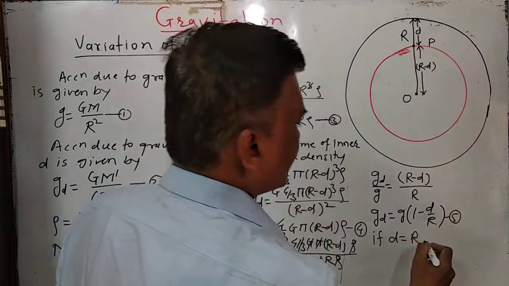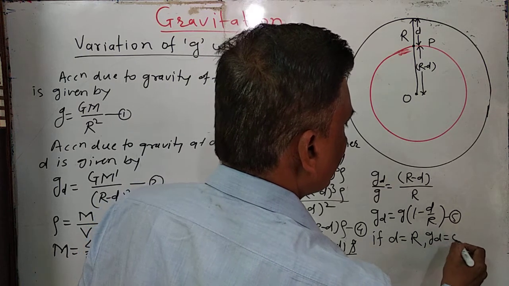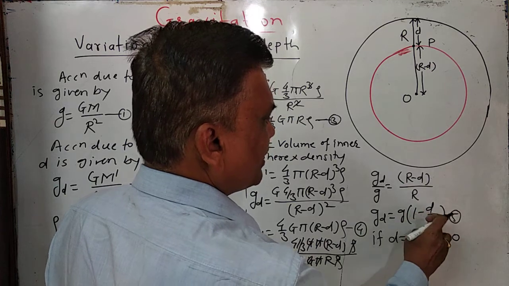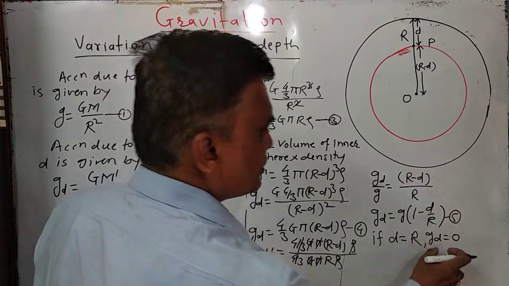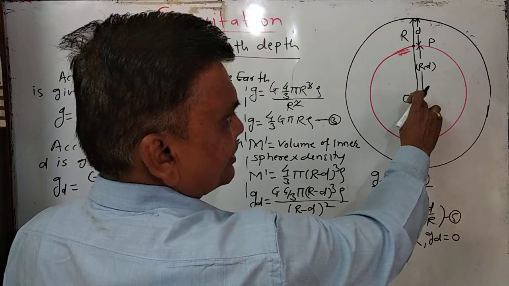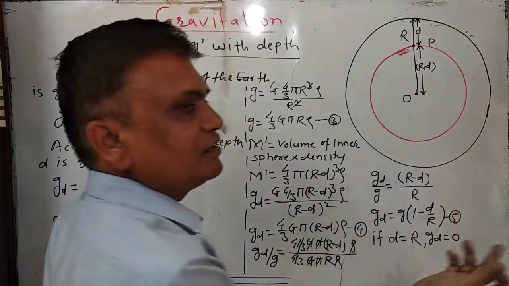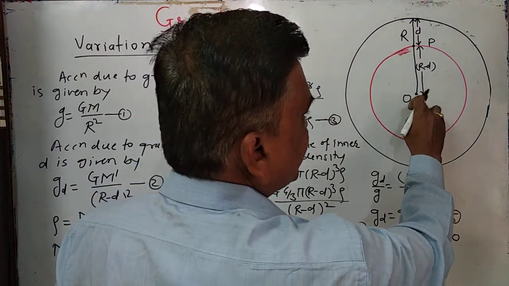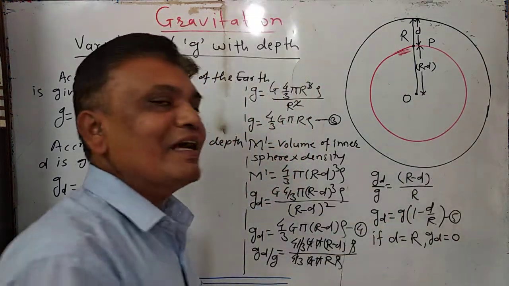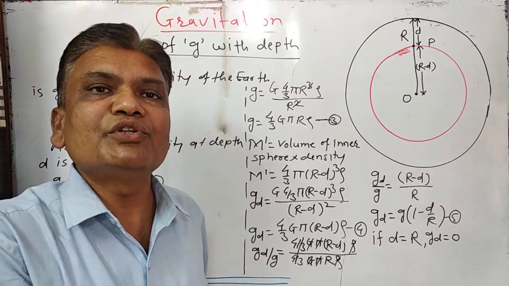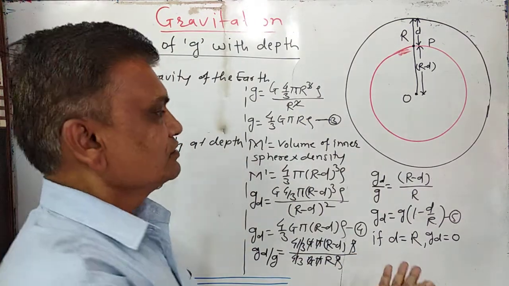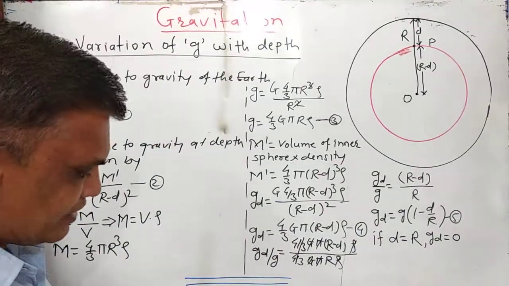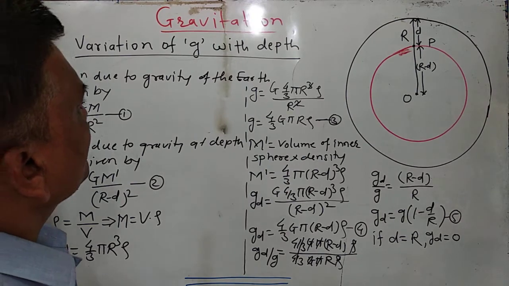Then gd equals 0. If we put d equal to R, 1 minus 1 is 0, therefore gd equals 0. It means that if we come to the center, d equals R, and at the center gd equals 0. At the center gravity becomes 0, so we don't feel the weight.